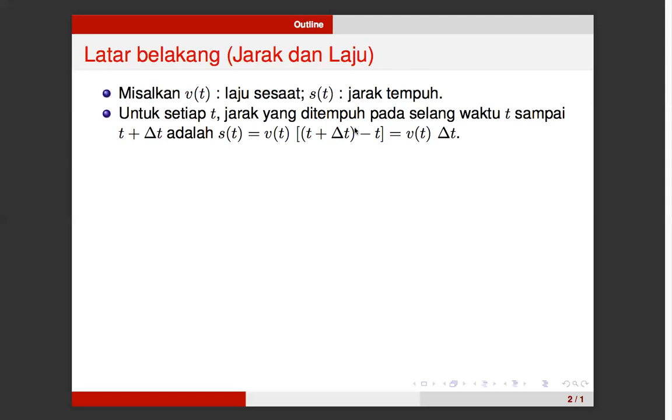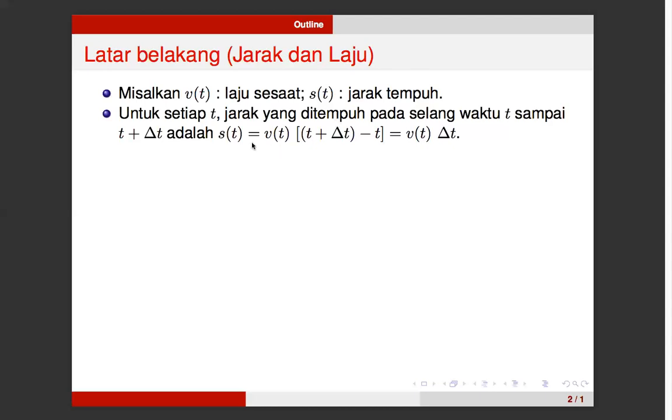The distance traveled is s equal to the velocity multiplied by (t plus delta t minus t). Okay, so you can think of the velocity as the difference in s divided by the difference in time, right? The velocity is the difference in distance traveled divided by the difference in time.